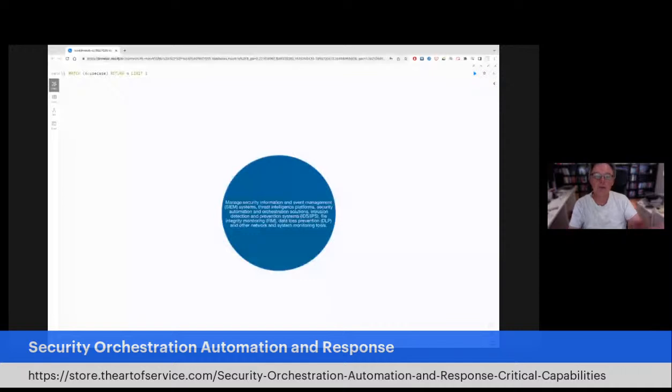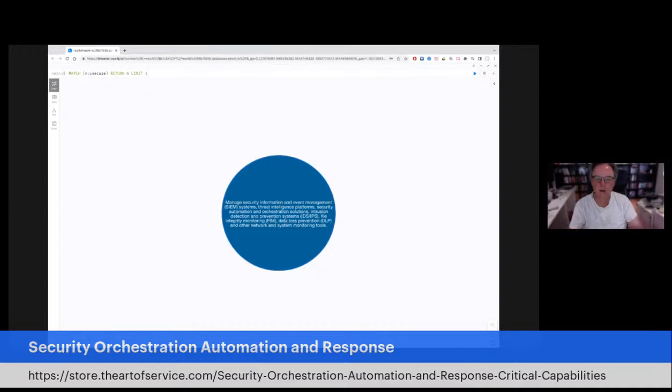Out on top comes this one: manage security information and event management SIEM systems, threat intelligence platforms, security automation and orchestration solutions. The second one is intrusion detection and prevention systems, IDS and IPS. Then file integrity monitoring, data loss prevention, and other network and system monitoring tools.